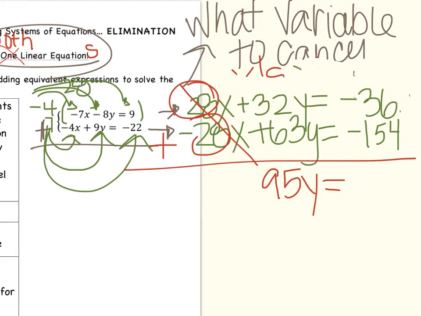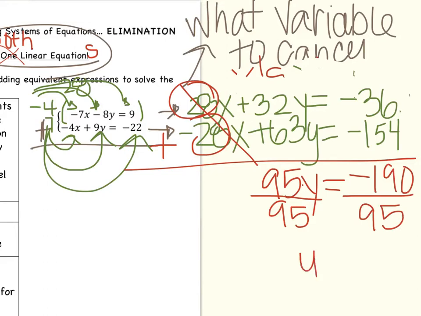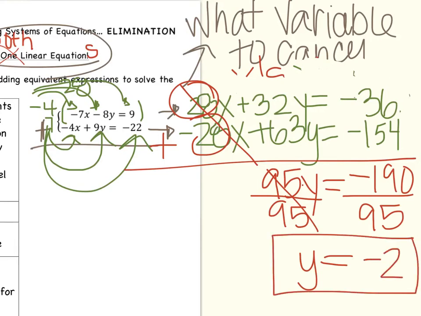I put that in my calculator, and I get negative 190. I divide each side by 95, and I'm left with y equals negative 190 divided by 95, which gives me negative 2. So now I know that my y value is negative 2.